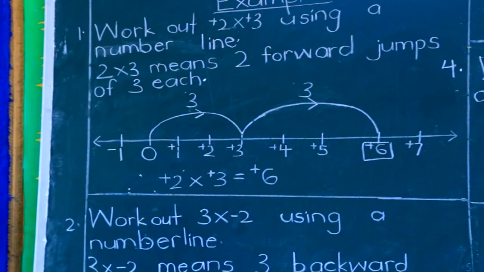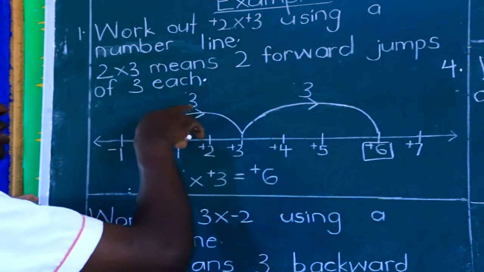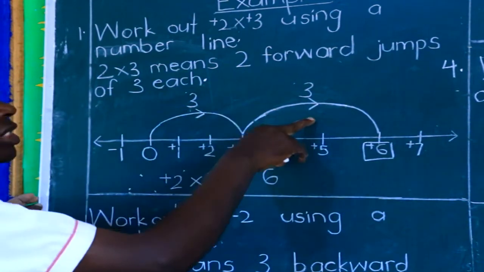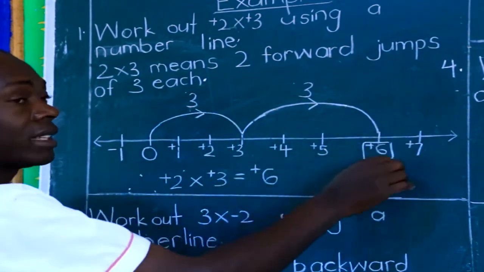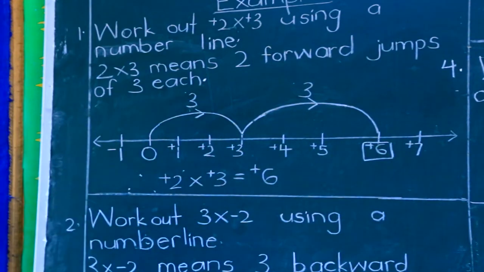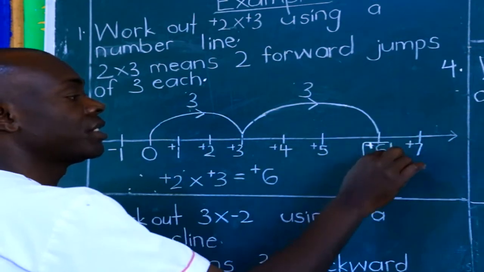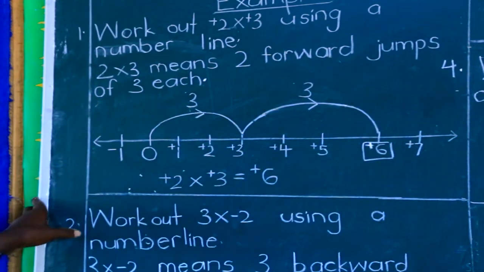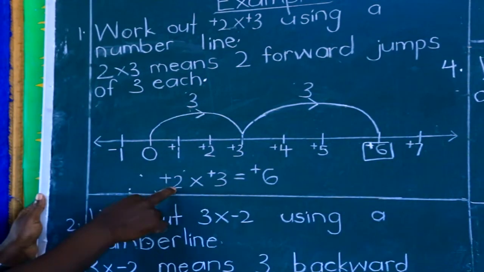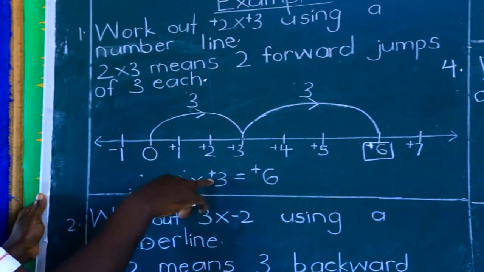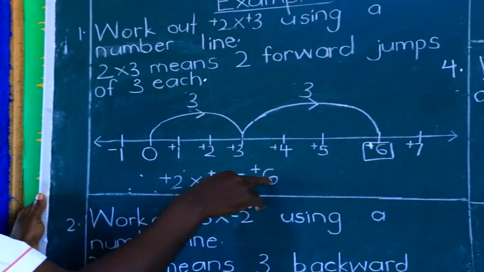So it is a jump of 3, and that's the last jump. This is the first jump, the second jump of 3, and where the second jump of 3 stops is where the answer is.